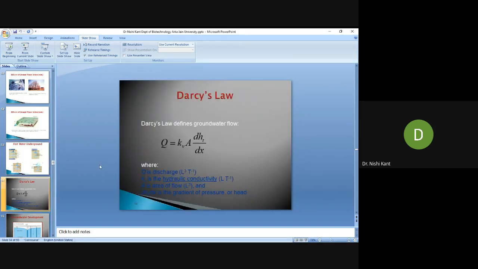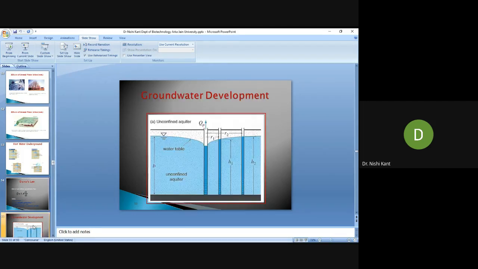This is Darcy's law, which defines groundwater flow. Groundwater development: multiple pumping wells can cause interference between the cones of depression. Extraction should not exceed recharge. Water mining: extraction may cause subsidence.